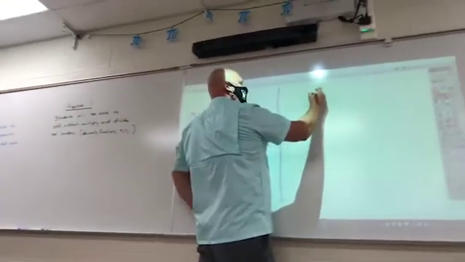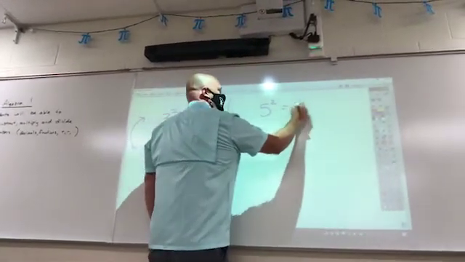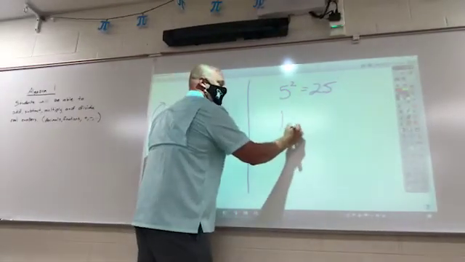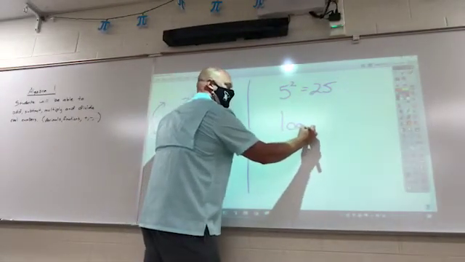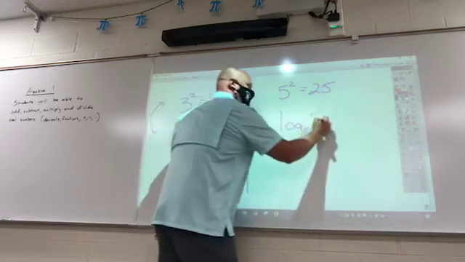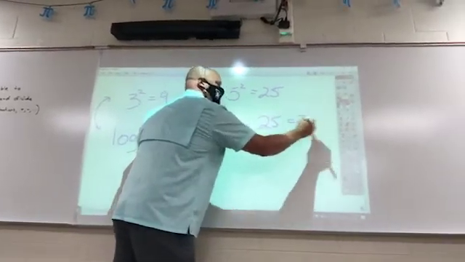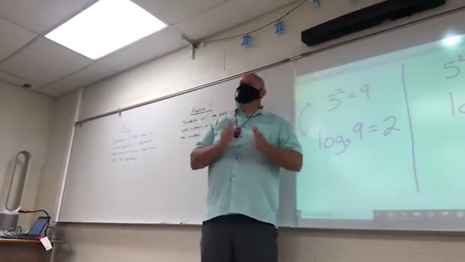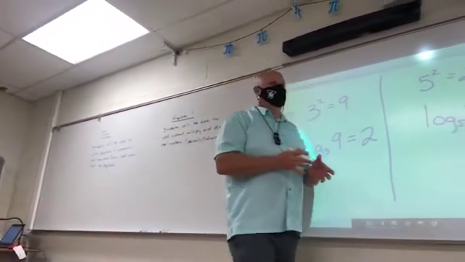What would 5 squared equals 25 be in log notation? Log base 5 of 25 is equal to 2. That's all that is saying. Those two things say the same thing.